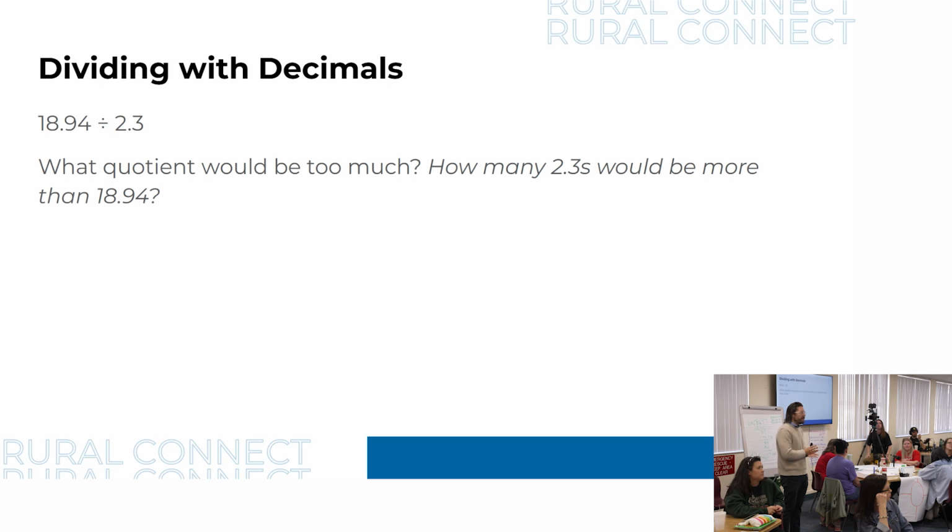What I mean by that is how many 2.3s would be more than 18.94? All right, so I want you to think about that for about 10 seconds on your own, right? Think about like I got 2.3 and another 2.3 and another 2.3. I got a bunch of 2.3s. What's a kind of friendly number that you know that would be too much?